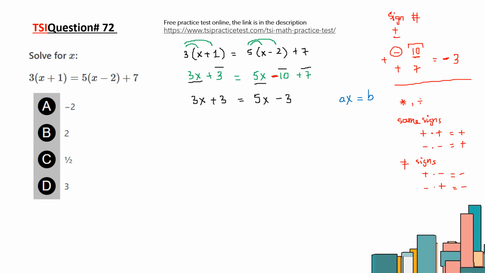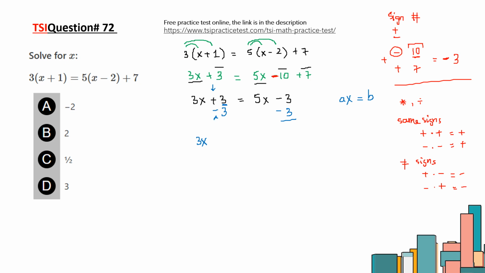So we move all of the numbers to the right-hand side. Let's subtract 3 from both sides to cancel the 3 on the left side. We see positive 3, so we do the opposite, the same amount, on both sides.